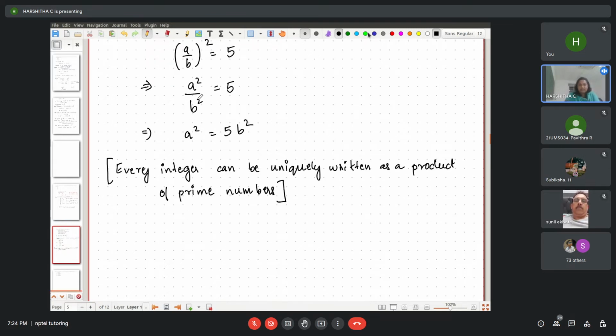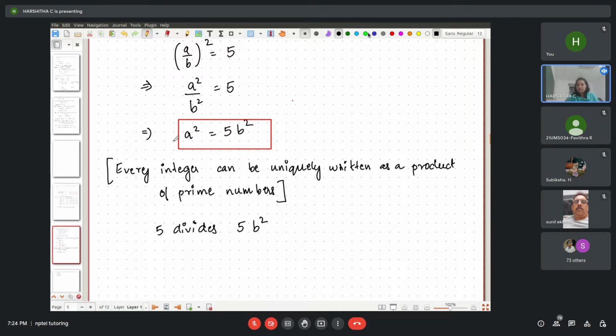So you look at this equation, right? Let's just highlight this and keep it. Okay. So what do we know? You know that 5 divides this side of the equality, 5b square, right? So 5 divides 5b square.